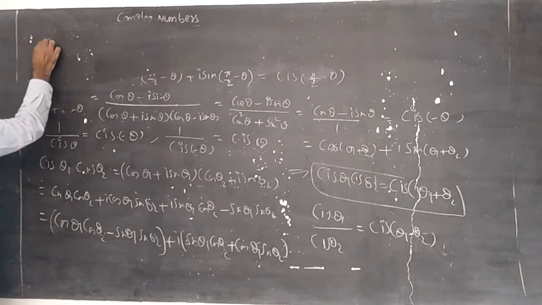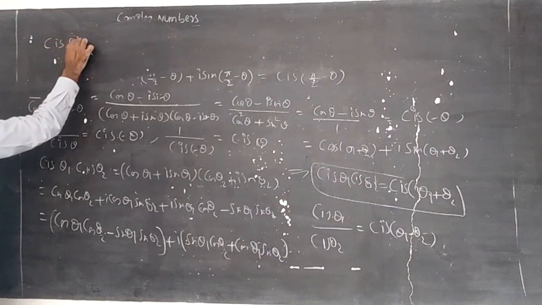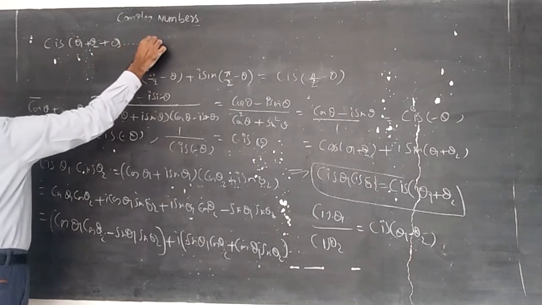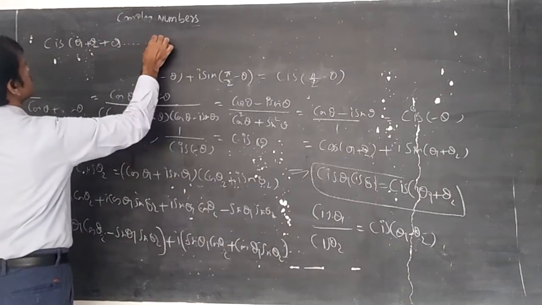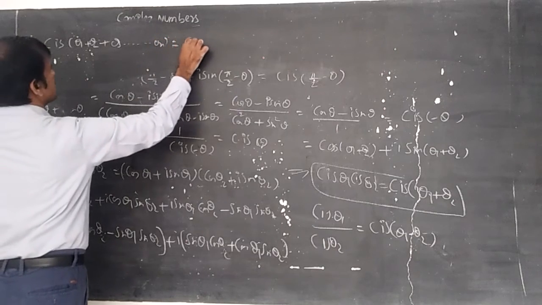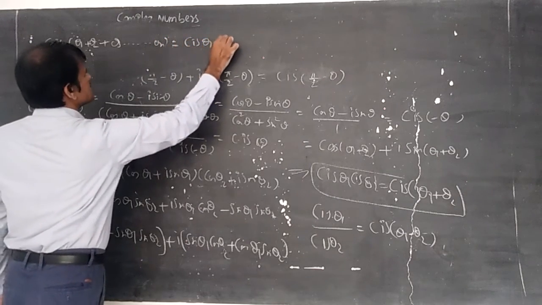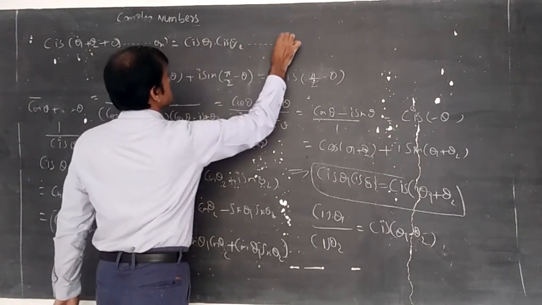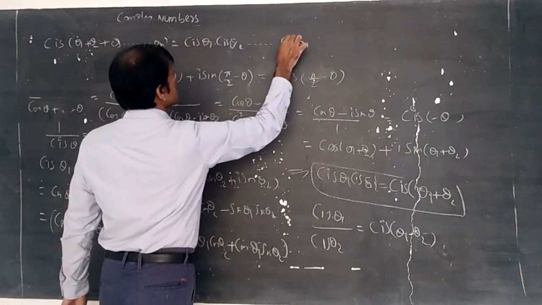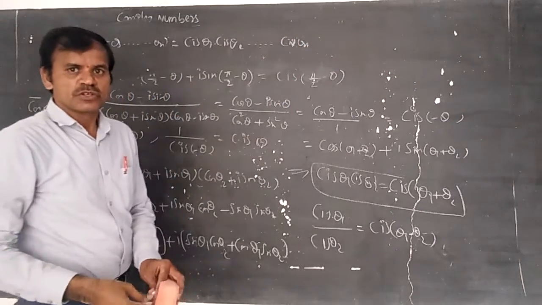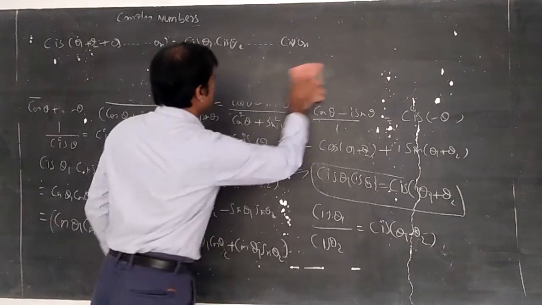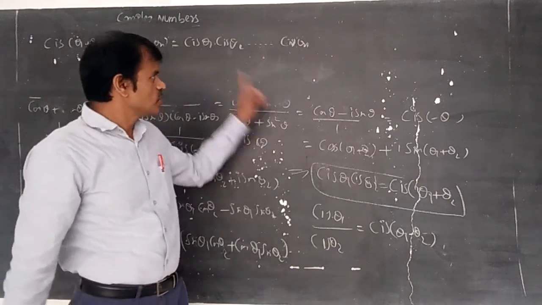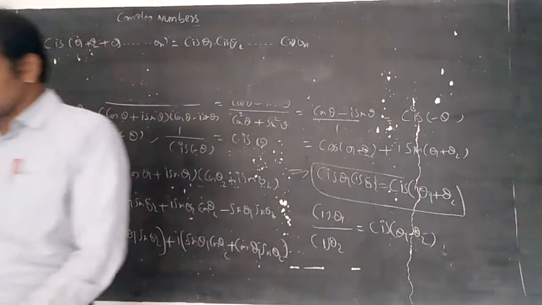Next formula, you can write cis of (theta 1 plus theta 2 plus theta 3 plus so on, theta n) is equal to, in reverse, cis theta 1 into cis theta 2 and so on into cis theta n. So it is nothing but the logarithm concept. Whenever into is there, you get plus; whenever by is there, you get minus. Plenty of by's will not be there, but plenty of into's are possible.